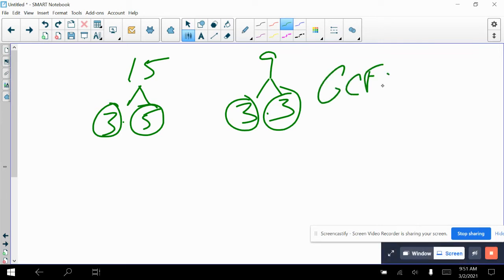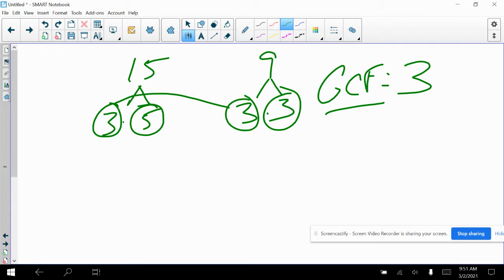We're going to bounce back and forth between these because you already know how to do the GCF. The GCF was what they share in common. They have a 3, and that's the only thing they have in common. So the greatest common factor was 3.